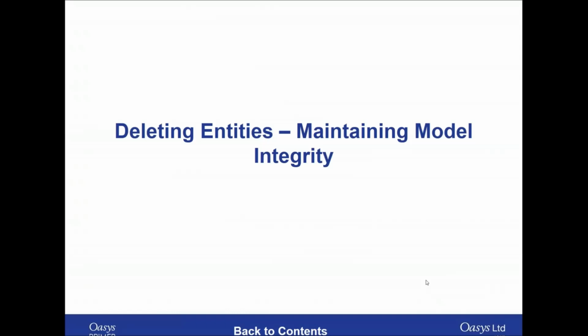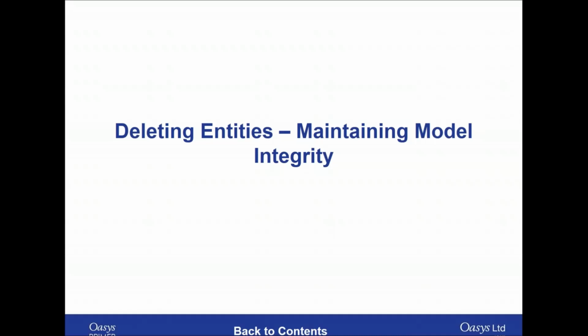Deleting entities and maintaining model integrity. So this is, again, expanding on the idea that Primer understands relationships between entities. And so if you are deleting something, you can very easily introduce errors into your model. So let's say you're deleting a part.